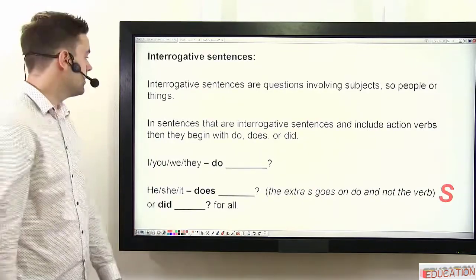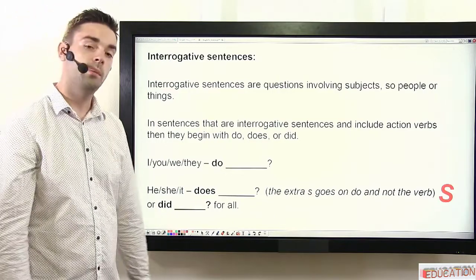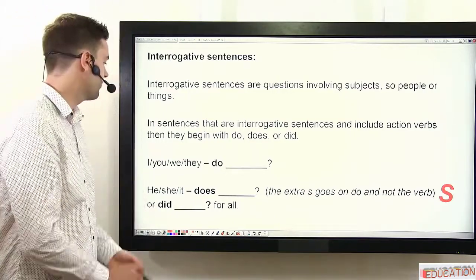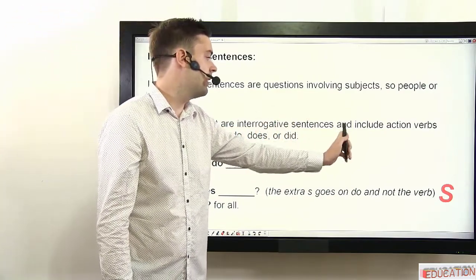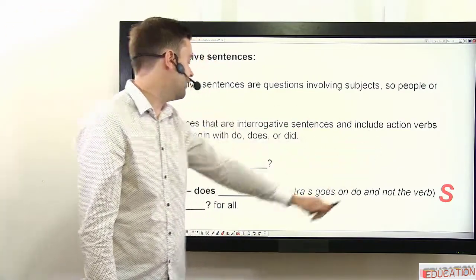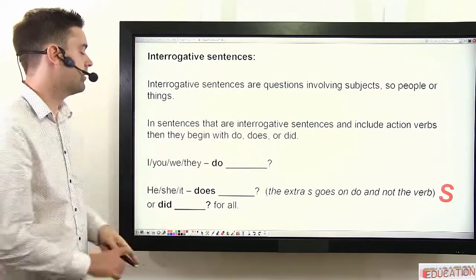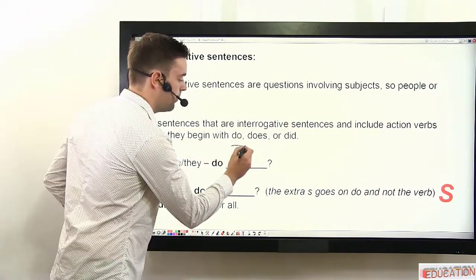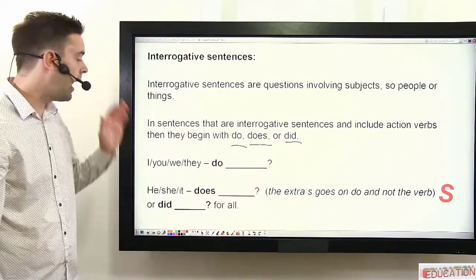Interrogative sentences are questions involving subjects, so people or things. Interrogative sentences include action verbs, and they begin with do, does, or did.